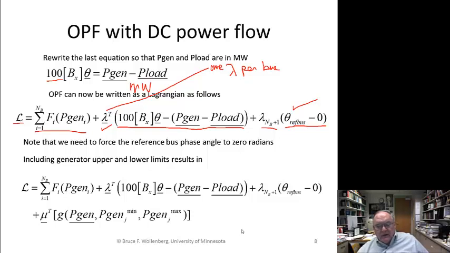And if I want to put in other constraints, such as the generation has to be between the min and max, then I have another set of Lagrange multipliers called mu, which, if you remember from our discussion of the KKT conditions, is either 0 or has a value that tells us the constraint is being held. These are inequality constraints on the generator limits. Now, I haven't had anything to do with transmission limits yet, but we will.